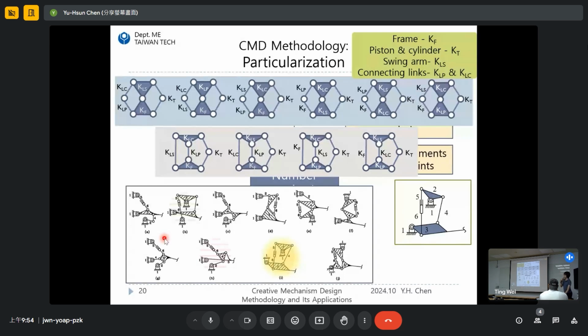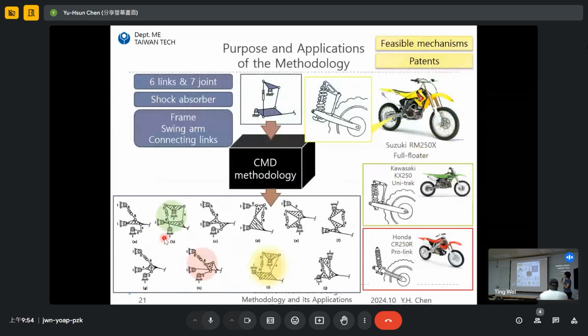Okay, so it takes a long time, but I think that is the main part. How about the creative mechanism design methodology? It tells us how we could generate the mechanism concept, the mechanism structure. We cannot just wait, or maybe we can generate an idea, right?